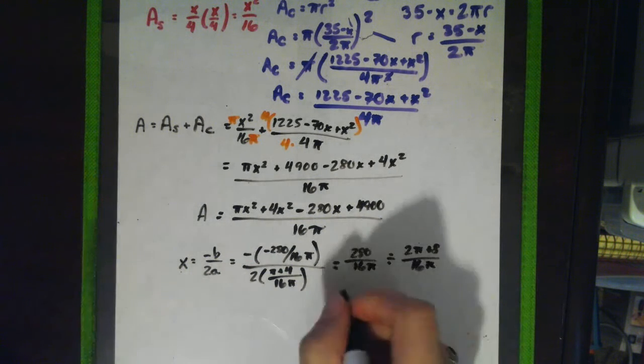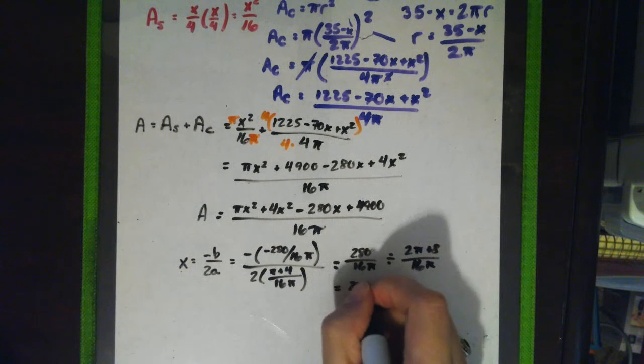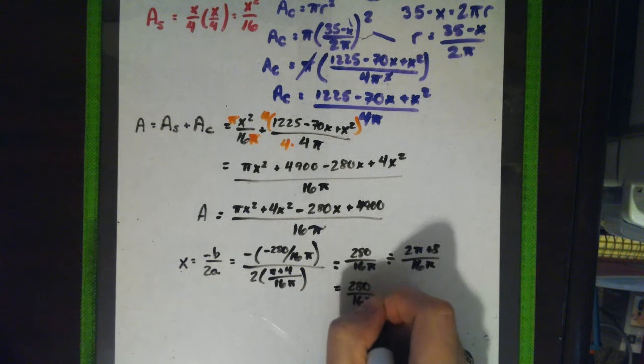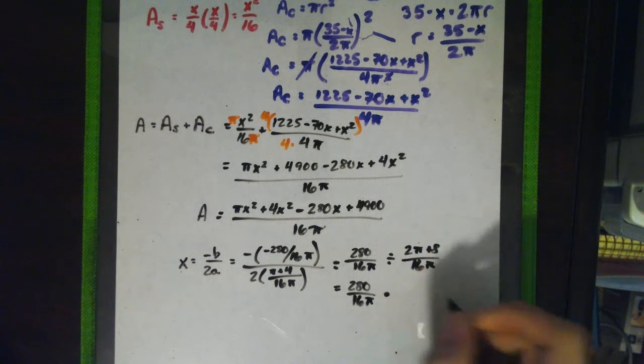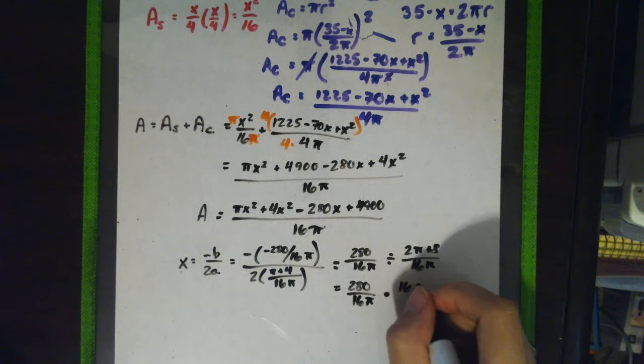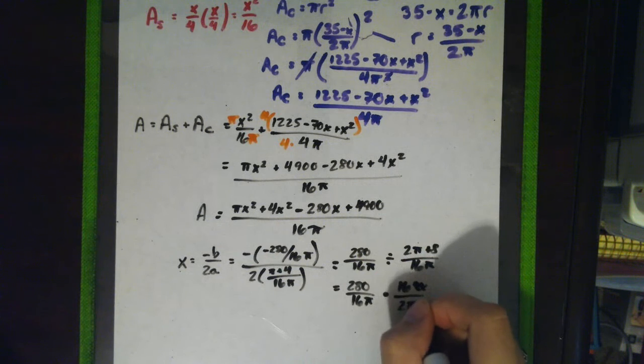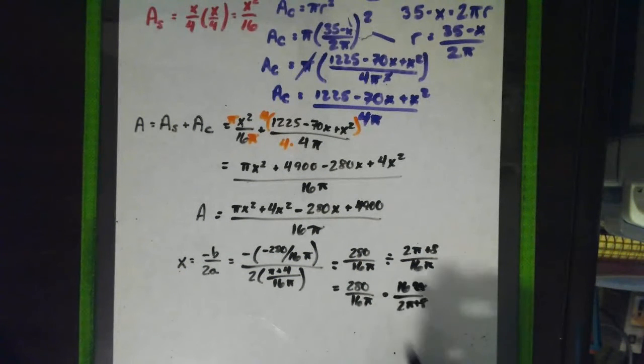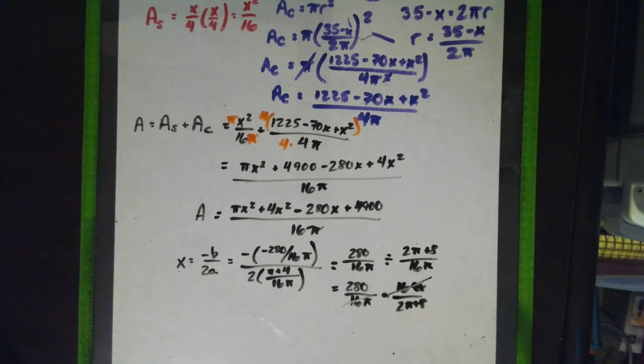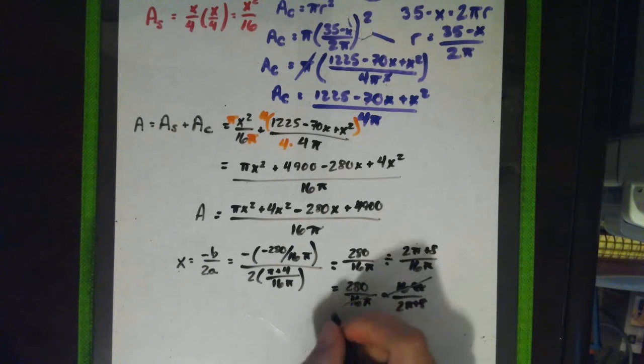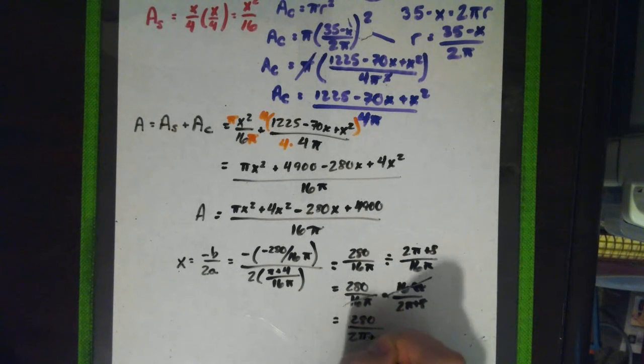I can keep, change, flip that. So I have 280 over 16 pi. Change to multiplication, flip it, 16 pi over 2 pi plus 8. The 16 pi's divide out, and then I'm left with 280 over 2 pi plus 8.